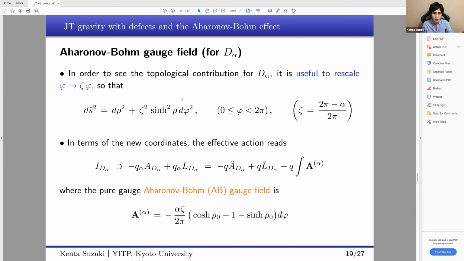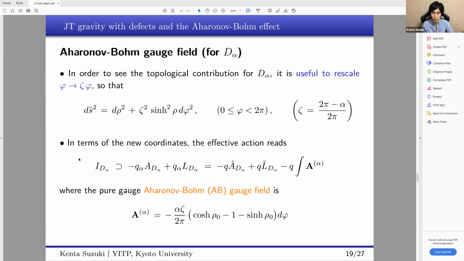But this rescaling of the angular coordinate, of course, brings an extra factor zeta squared inside of this metric, the new metric here. So we denote this new metric with a tilde.